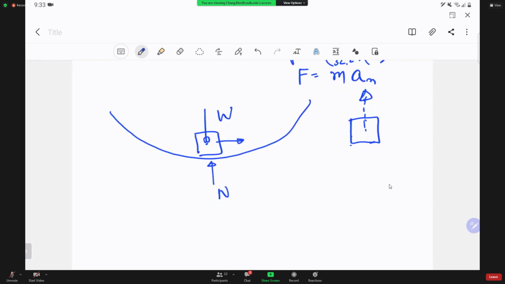Therefore, the actual amount of the normal force is equal to 8,000 plus W, which is 2,000. So this is going to be 10,000 pounds acting in that direction.